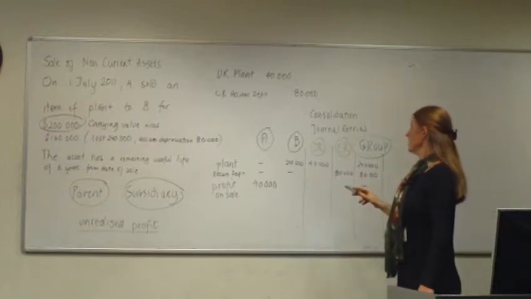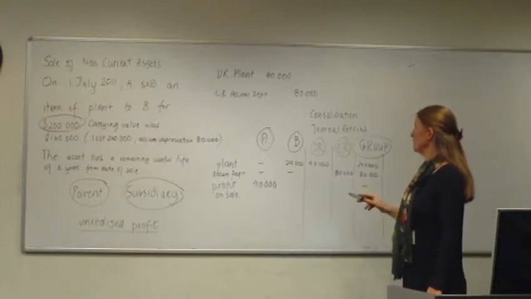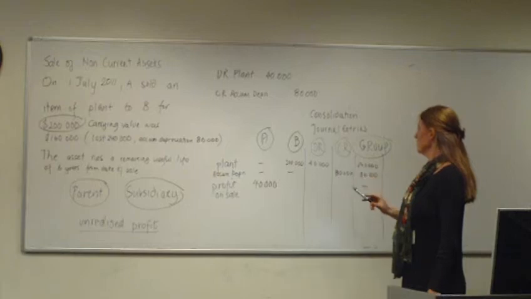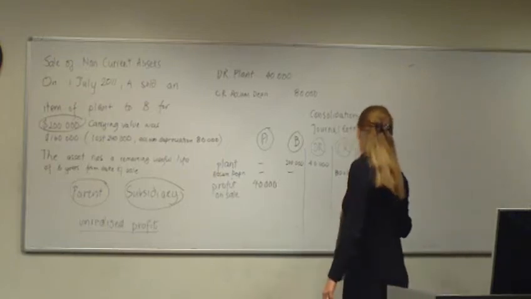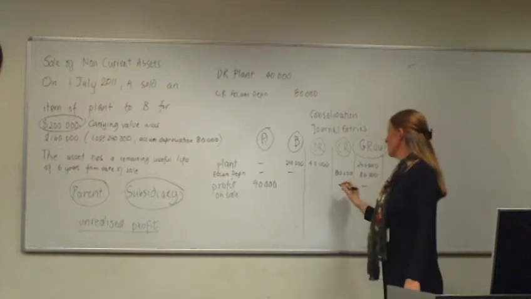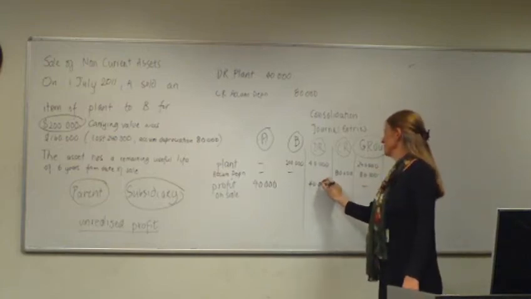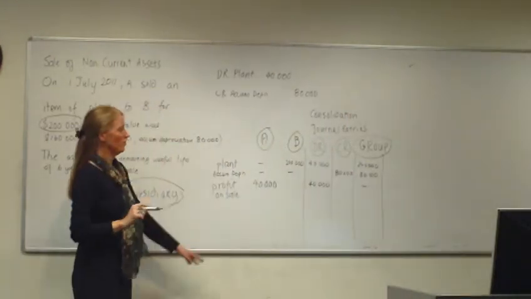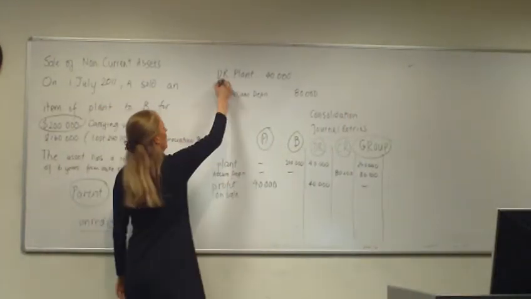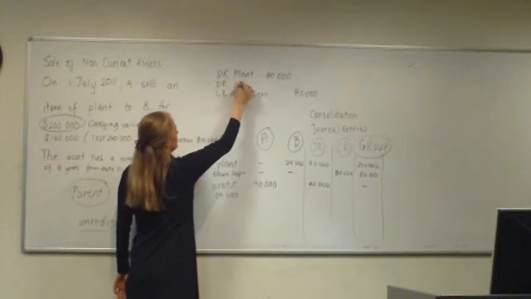We've got a debit to plant, a credit to accumulated depreciation, and for profit on sale, we need to get rid of it. We're not creating it, we're getting rid of the profit on sale, and therefore it's going to be a debit.